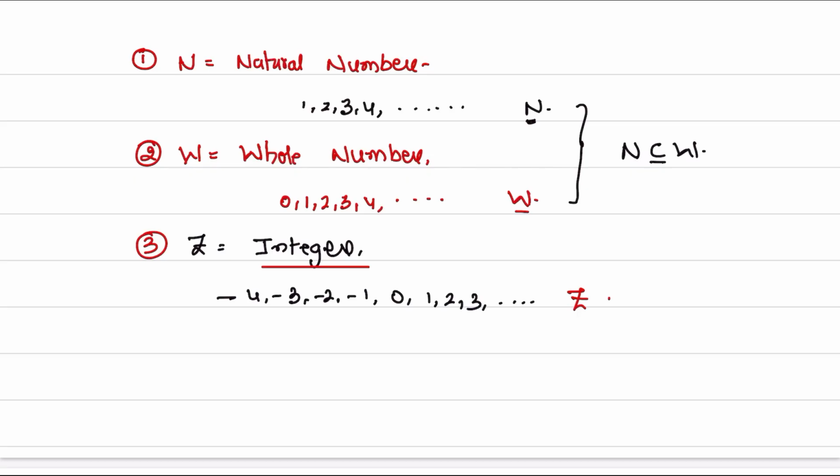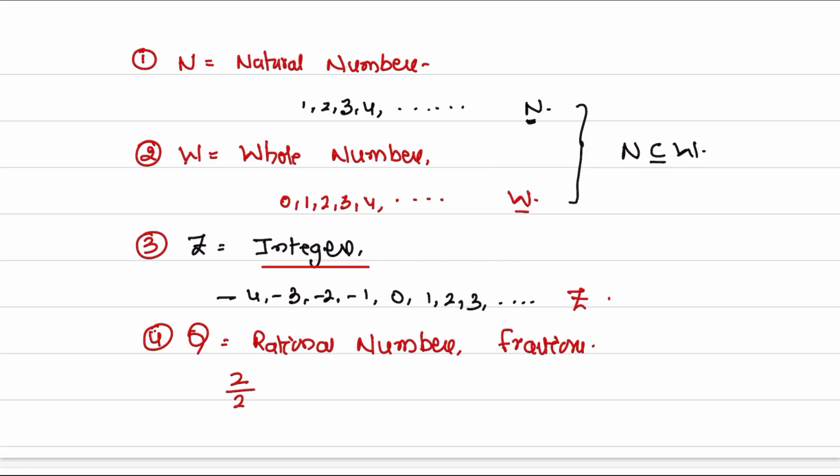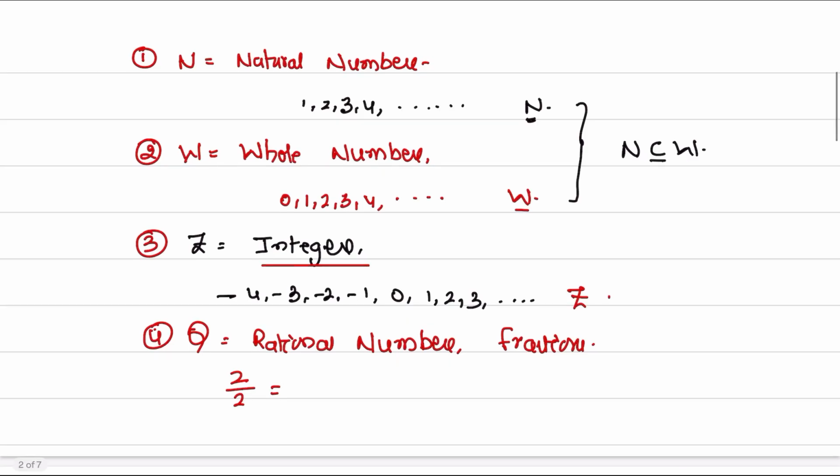Now, next one in our series N, W, Z, Q. Q is rational numbers. Rational numbers means they are fractions. For example, tell me whether 2 by 2 comes under rational number or not. 2 by 2 is a fraction, 2 divided by 2. Hence, it is a rational number.